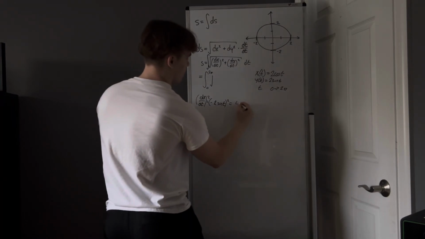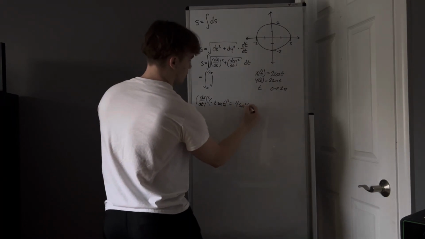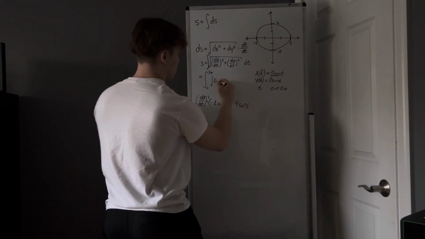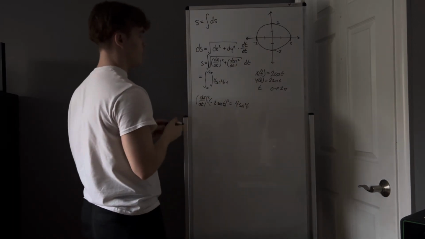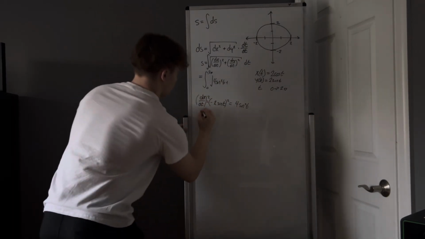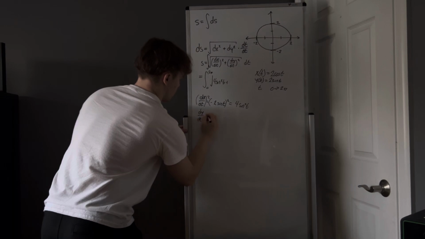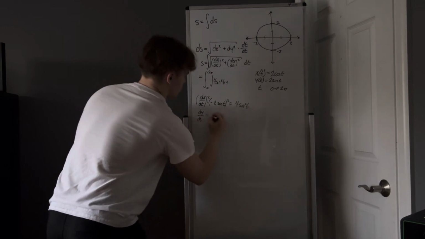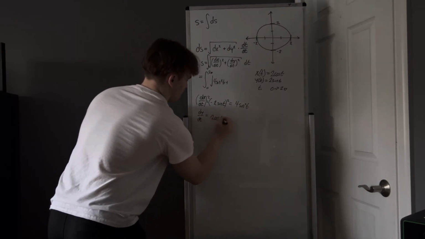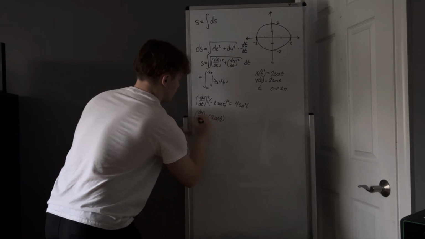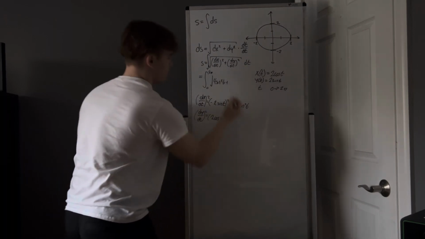We get 4 sine squared of t, plus dy dt, which is 2 cos of t. Let's square both like we do under here.